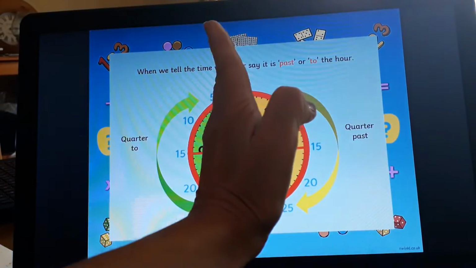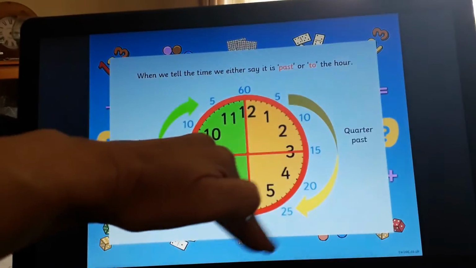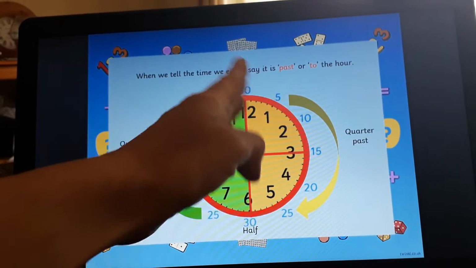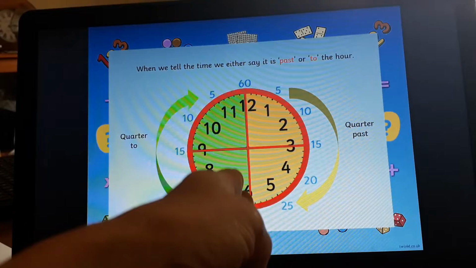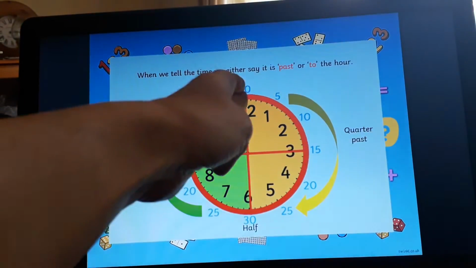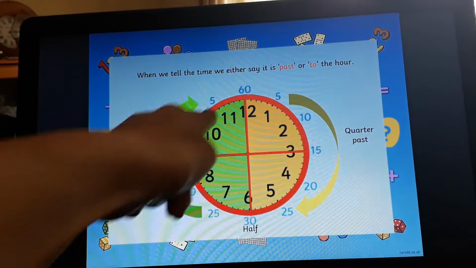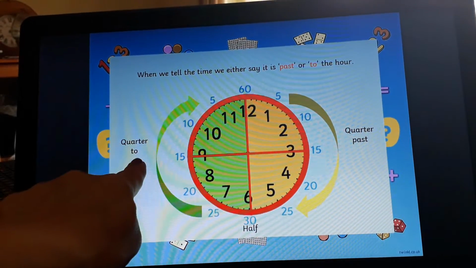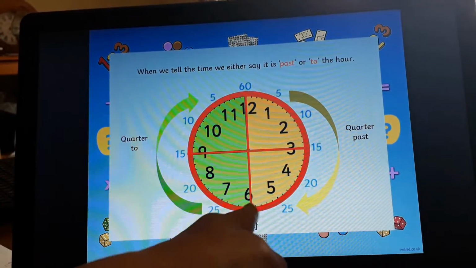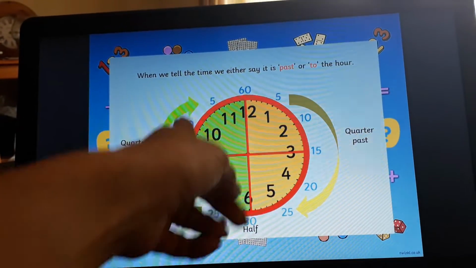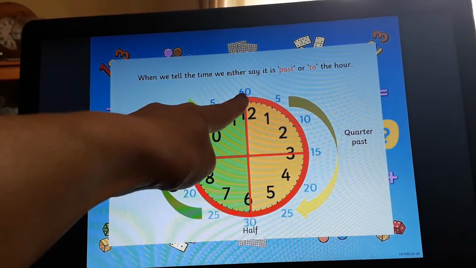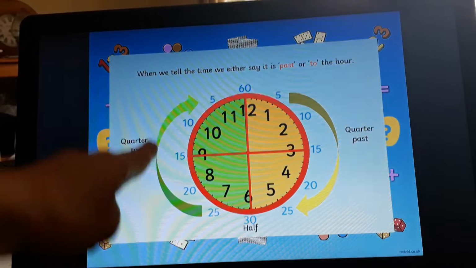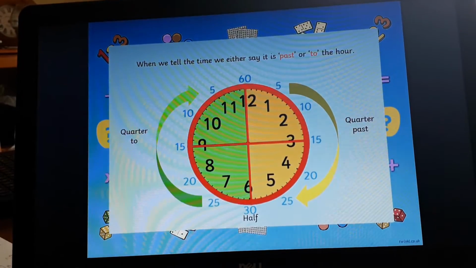So wherever that minute hand is on this side of the clock, it's always going to be past when you say the time. This side from 6 to 12, so anywhere on this side, is going to be to the hour. So we say 1/4 to, or it could be 10 to, 20 minutes to. So everything's to on that side.